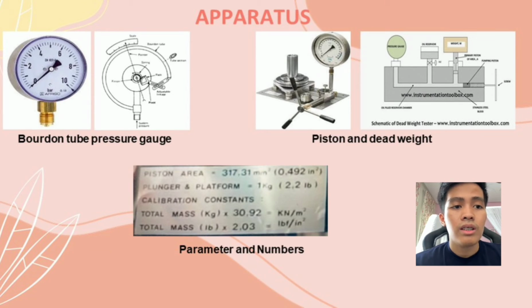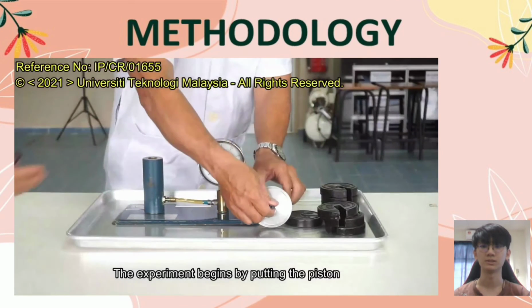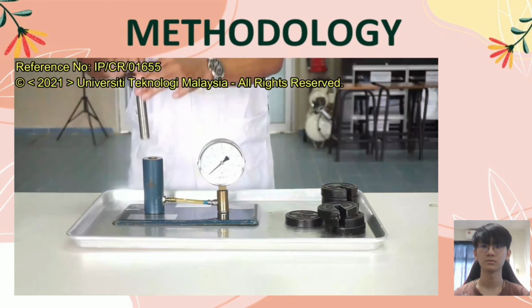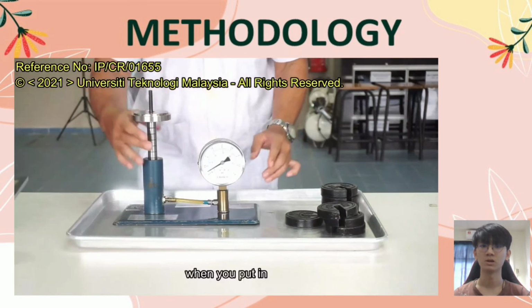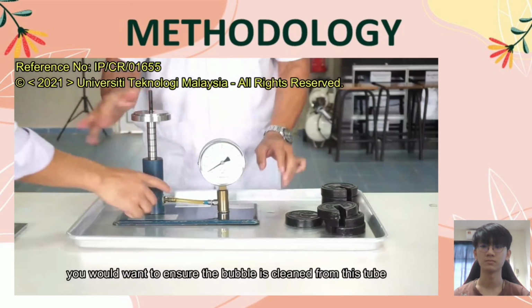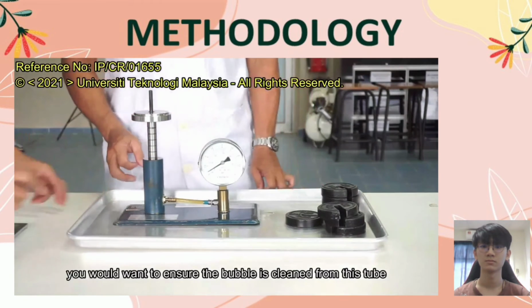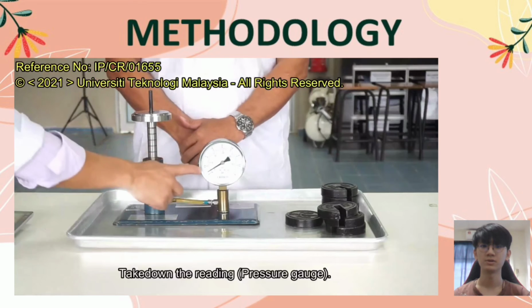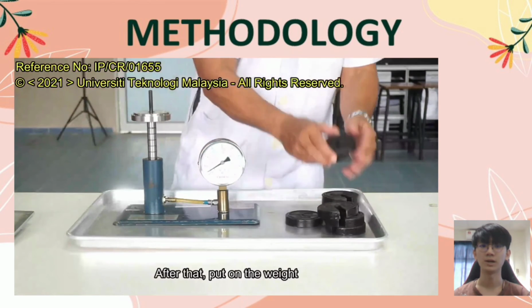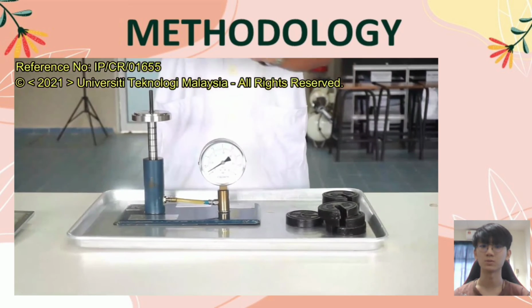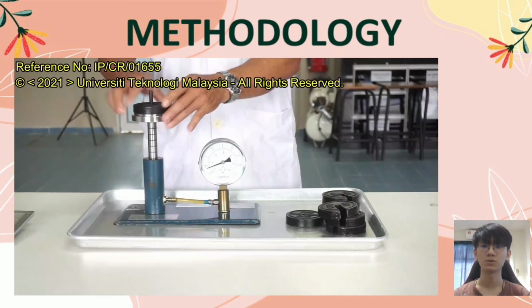constant is in different units. The piston was put into the cylinder. The air bubbles were cleaned from the tube. The first reading of the pressure gauge was recorded. Then, a weight of 0.5 kg was put on, and the second reading was recorded.